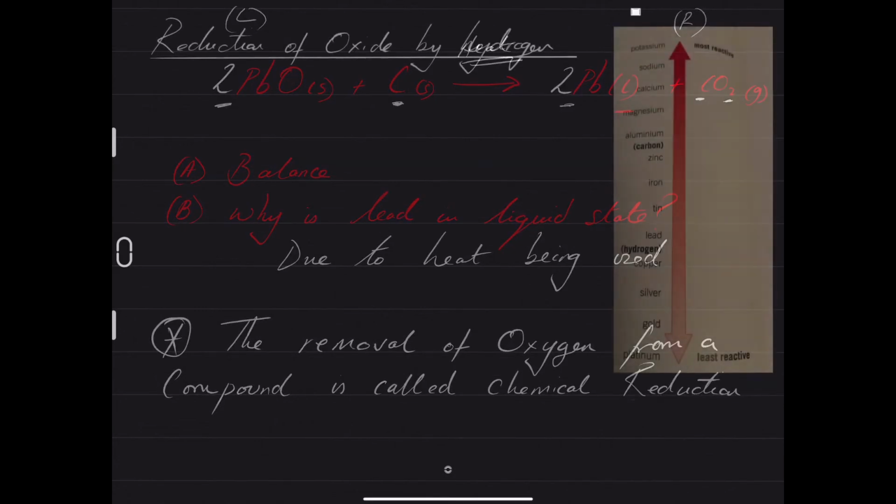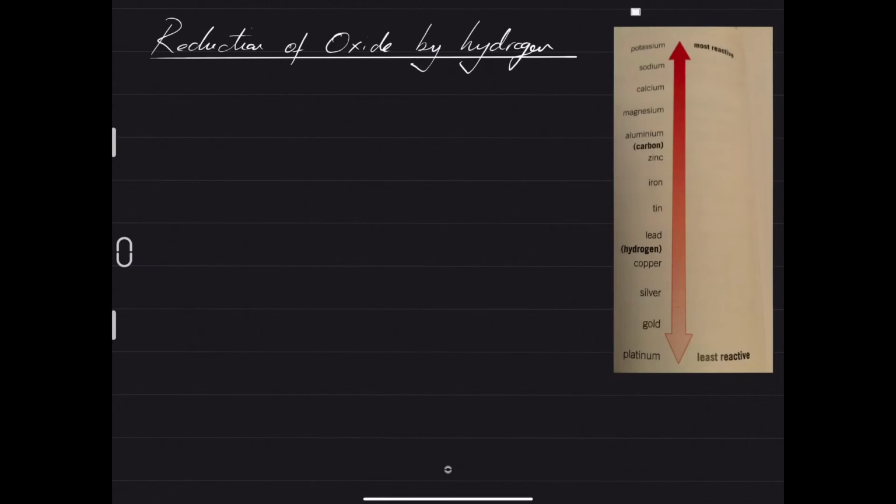Now, the way in which we can reduce a metal oxide is via the use of hydrogen. And when we look at our reactivity series, we can see that, for example, copper is below carbon in the reactivity series, yet we've put hydrogen here.